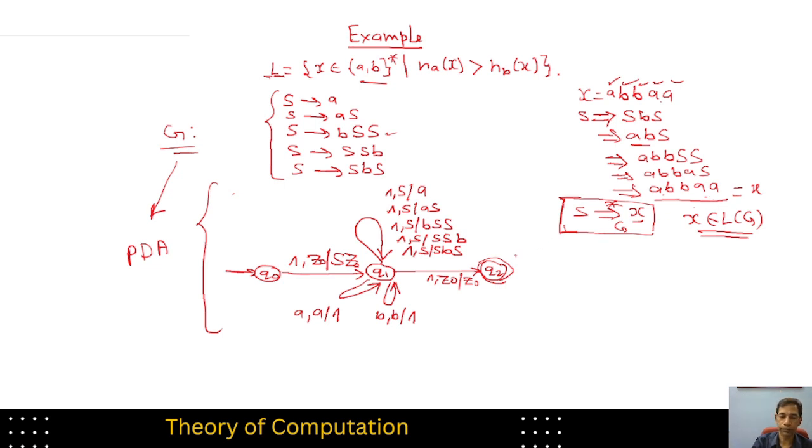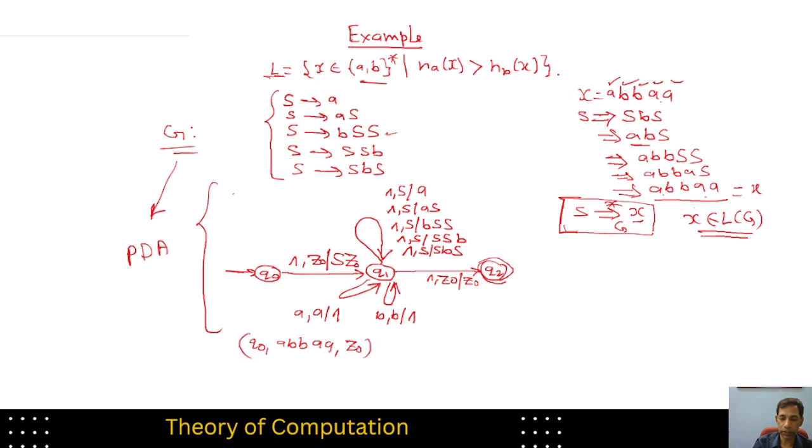And this is the PDA we have obtained from the given grammar. Your PDA must start from the initial configuration, and the initial configuration is what? Q0, input to be read is A double B double A, and the top of the stack symbol is Z0.